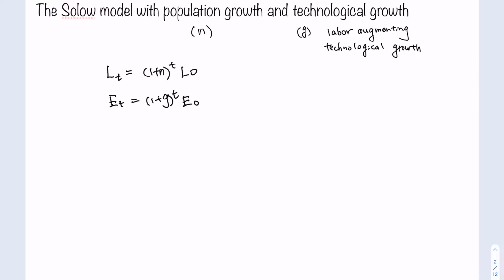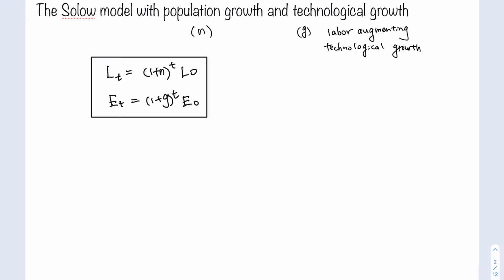Given that this variable represents how the technology evolves over time, and that it is growing at the rate of g, we say that E_t equals (1 plus g) to the power of t multiplied by E naught. You need to keep in mind that under this Solow model, we have population growth at the rate of n and technological growth at the rate of g.